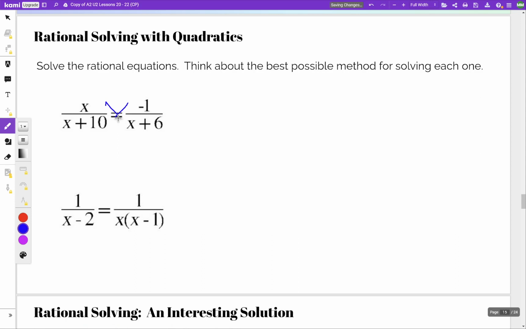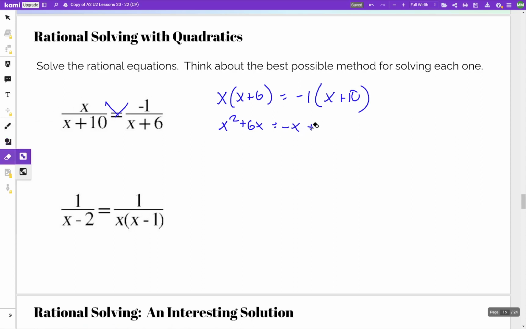By the way, one of the reasons that we know this has happened is because we have x's in 3 different spots. So we get x times x plus 6 equals negative 1 times x plus 10. Okay, so x squared plus 6x equals negative x minus 10. Now, because we have the x squared term, rather than try to combine like terms, let's bring them all over to one side.